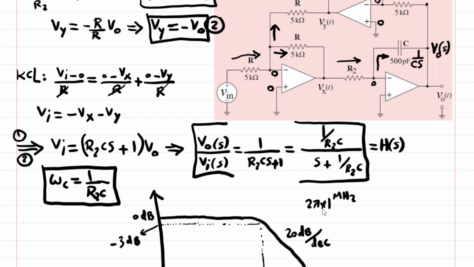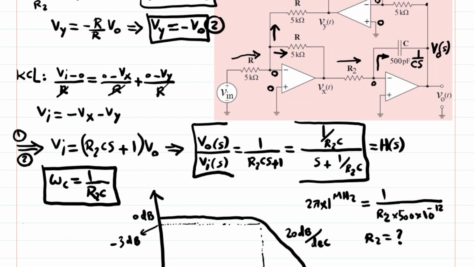So 2 pi times 1 megahertz, that's your cutoff frequency omega C, should be equal to 1 over R2, which is the unknown, times C, which is 500 picofarad, which is 500 times 10 to the minus 12. From here, the only unknown is R2, and you can figure out R2.